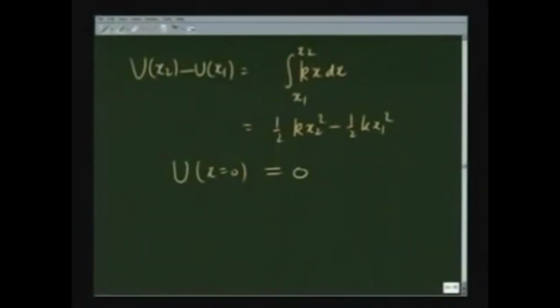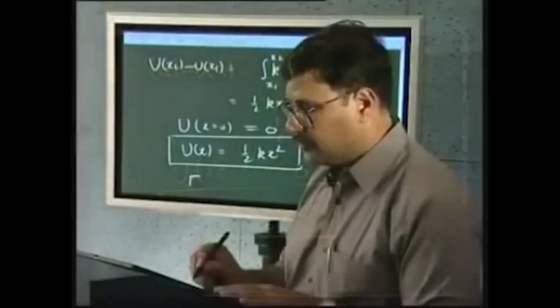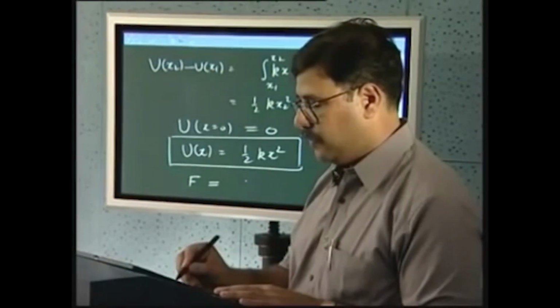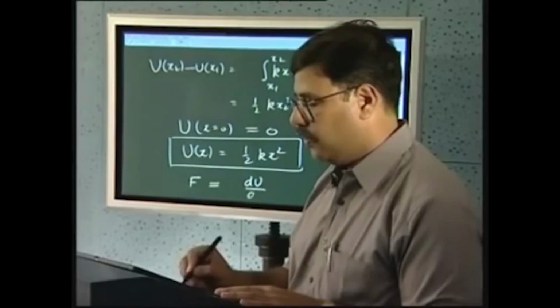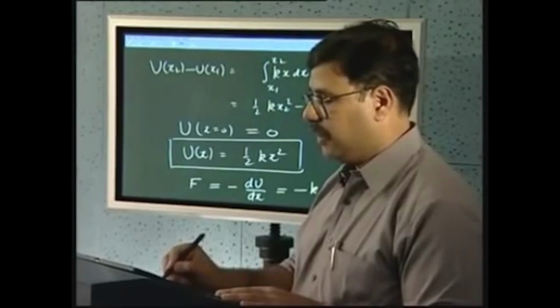Also, in this case I take U at x equal to 0 to be 0, and that is my reference point, and therefore, I write in general U(x) is equal to one half k x squared. Also from this, the force is given as minus dU/dx by definition, and this you see comes out to be minus kx.